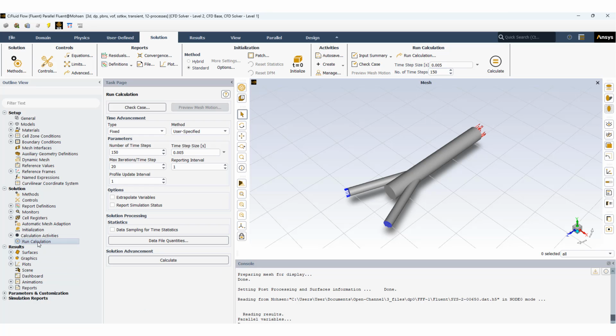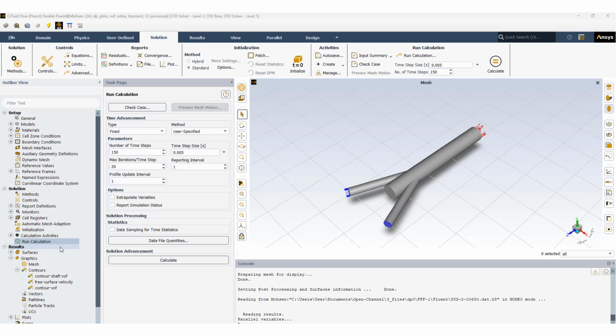And then for running the calculation, I just keep the same time steps, the 5 millisecond time steps, define how many time steps you want, and start running.